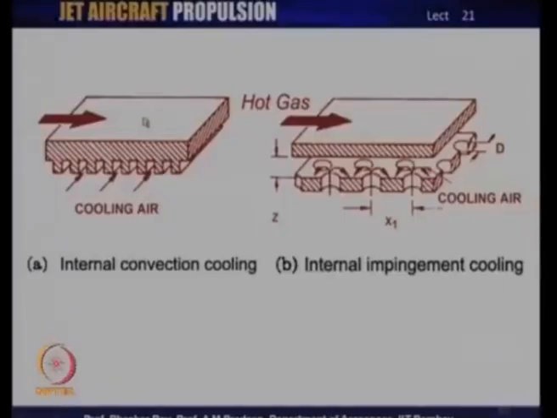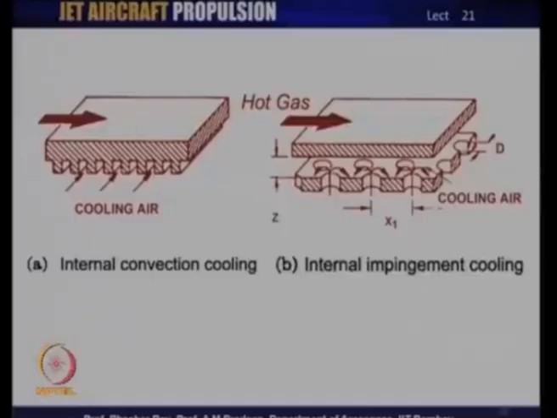So, the outer surface is getting heated up by the hot gas, then there is a heat flux across the thickness of this plate, and then the inner surface of the plate is continuously getting cooled by this cold air, and as a result the heat does not accumulate anywhere, it does not create a hot spot.